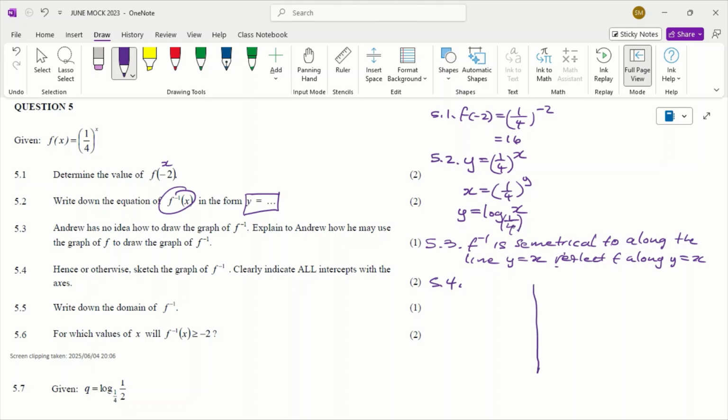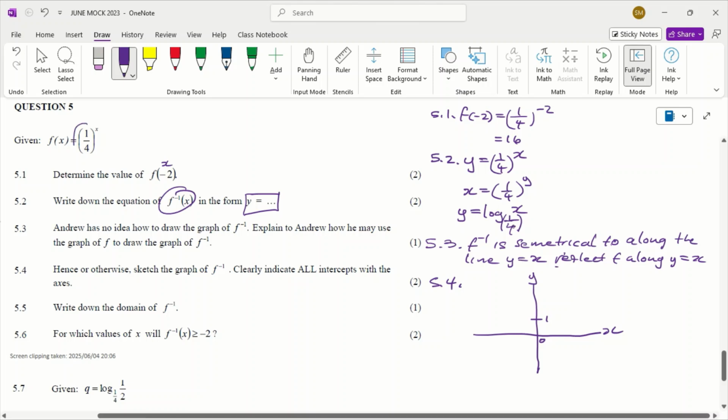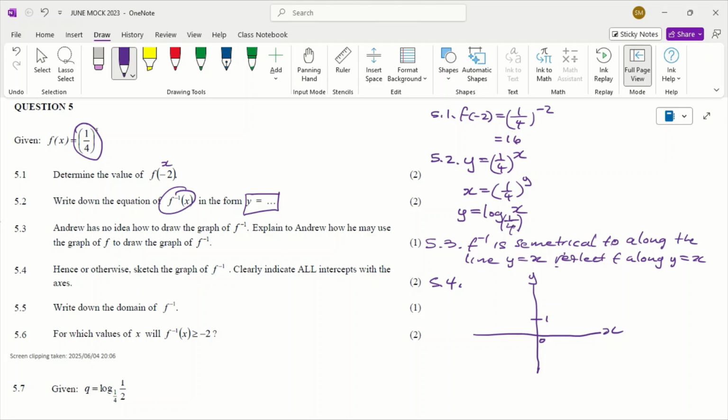And you can see that the graph of f will have a y-intercept at 1 because the number that is raised to the exponent x is a proper fraction, between 0 and 1. Then now we know that our function is going to decrease. So this is the graph of f.